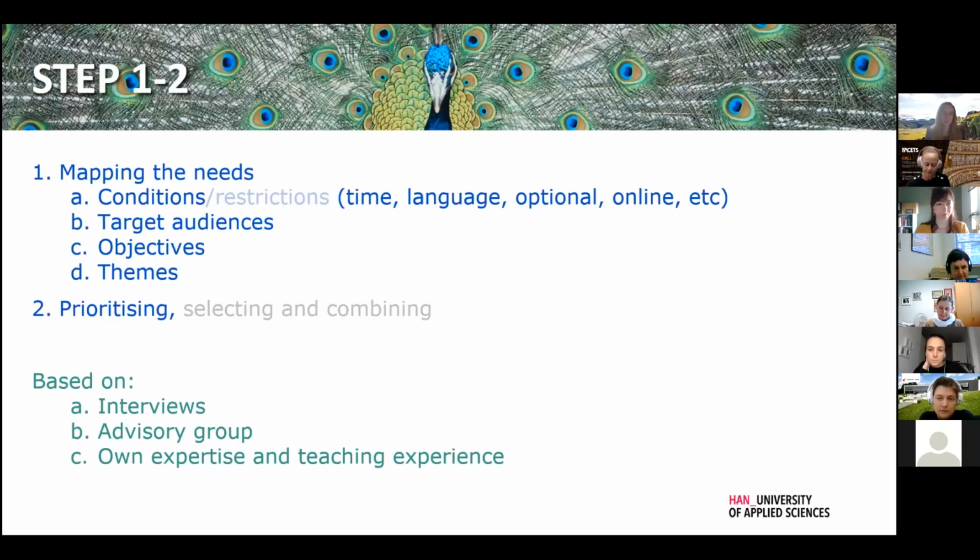And then the second step was the prioritization, and what we did here is we didn't only look at the results of the interviews, but we also had an advisory group meeting where we presented the preliminary results and discussed it with them. So what does it mean? How do we feel about that?